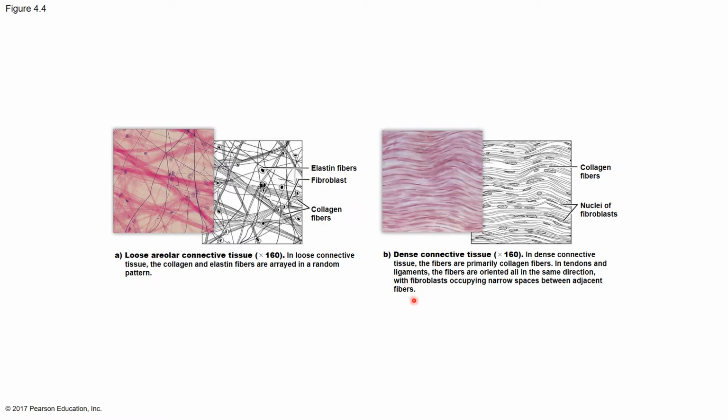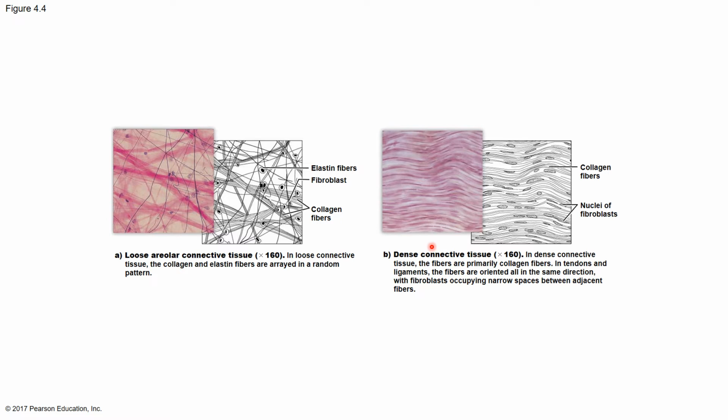But then over on the right-hand side we have a completely different looking connective tissue. This is dense connective tissue. In dense connective tissue, it's harder to see the nuclei, but there's one right above the pointer, if you can see that. There are some darker spots, but look how much more compact this looks.